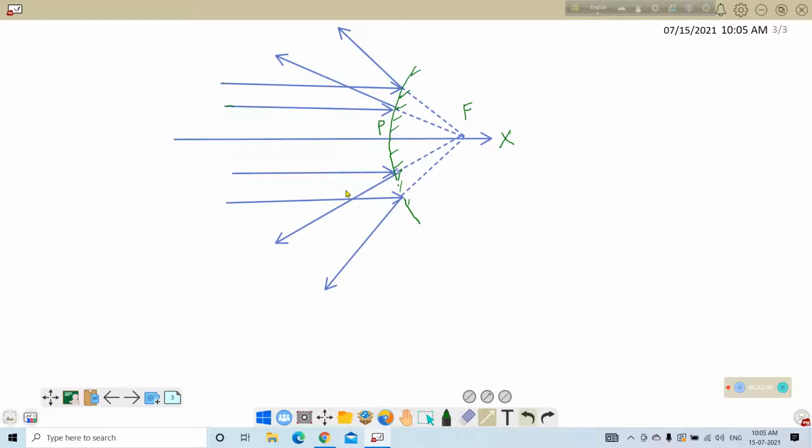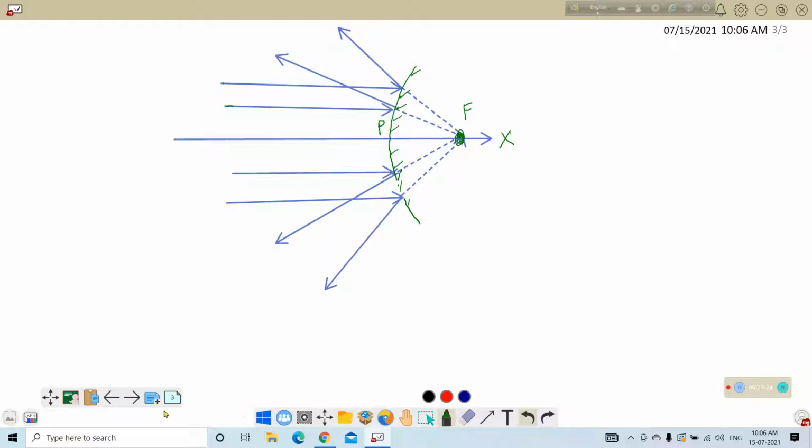That means after reflection, the rays 1, 2, 3, 4, all the rays will be scattered. That means they will diverge. And as if all the divergent rays are originating from a single point, so this is the single point, focus. As if all the rays are emerging from a point F.